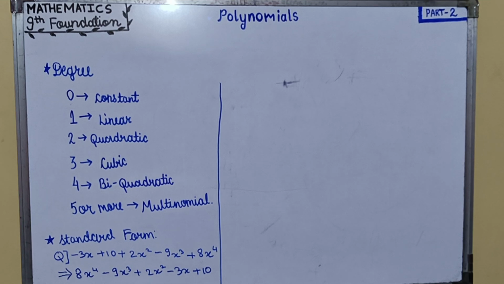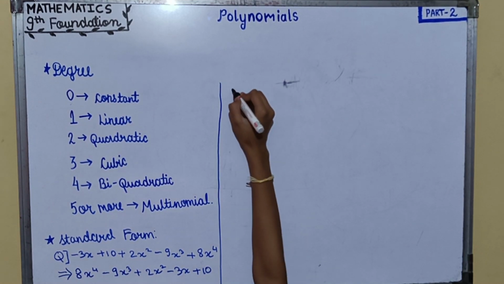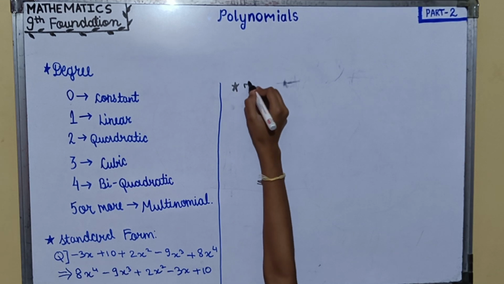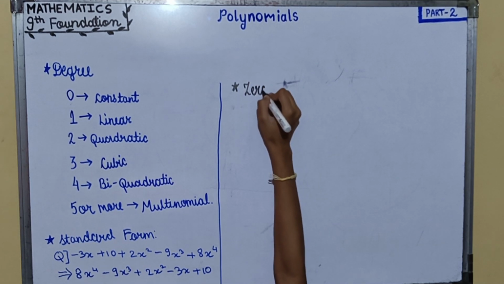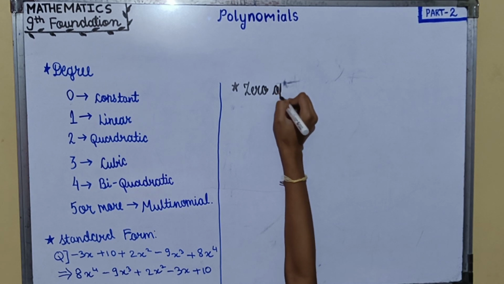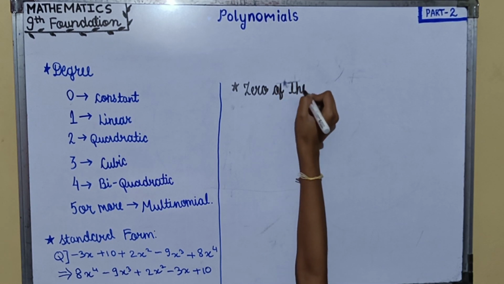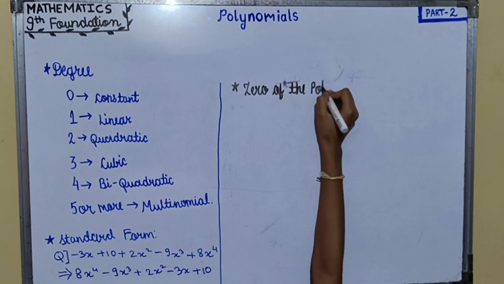Then the most important topic is zero of the polynomial.